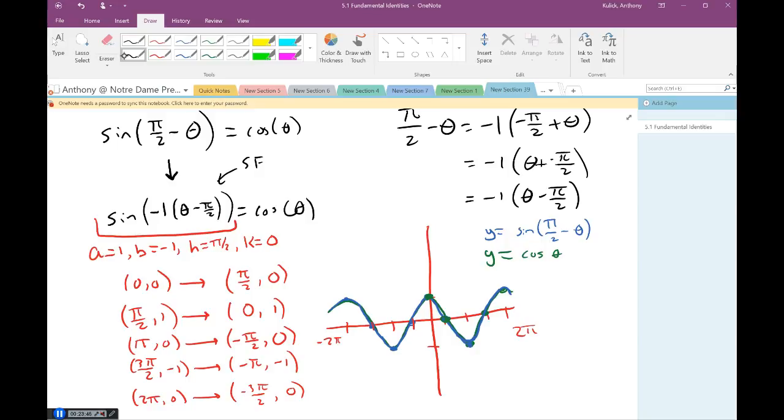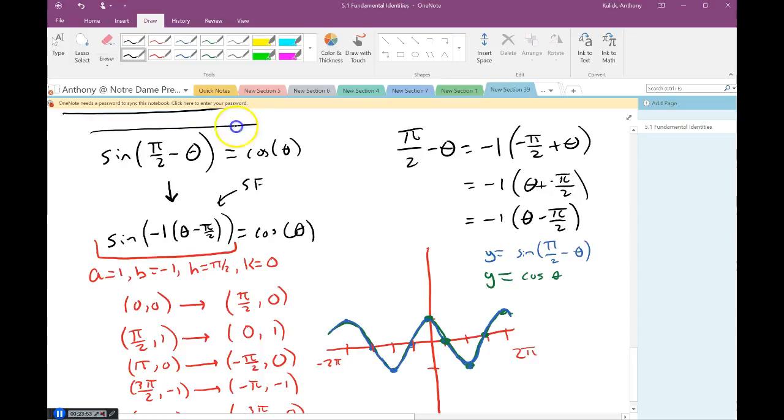You guys notice anything between the two graphs? They are the same. So what does that tell you about these two functions here? They're the same. Everybody's okay with that idea?